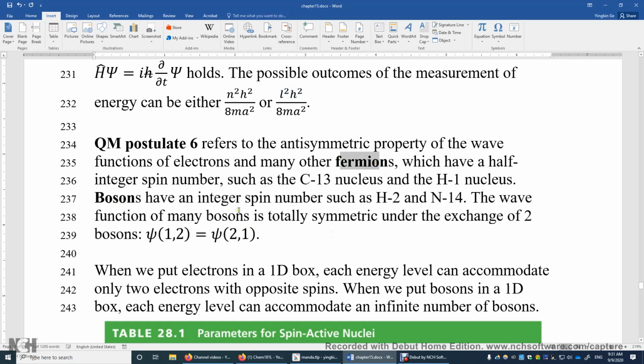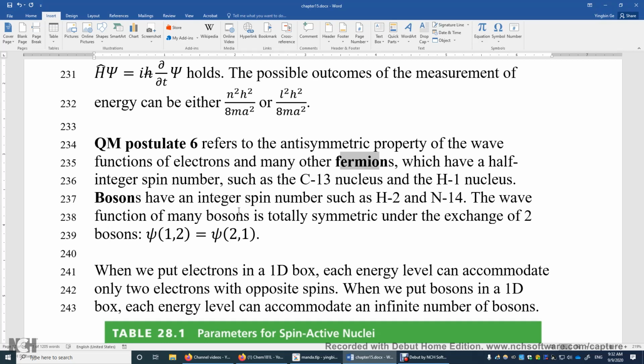For fermions, their wave functions must be anti-symmetric. That means if you swap two fermions, the sign of the wave function must change. And that results in this Pauli exclusion principle. Okay? No two electrons can have the same set of quantum numbers.